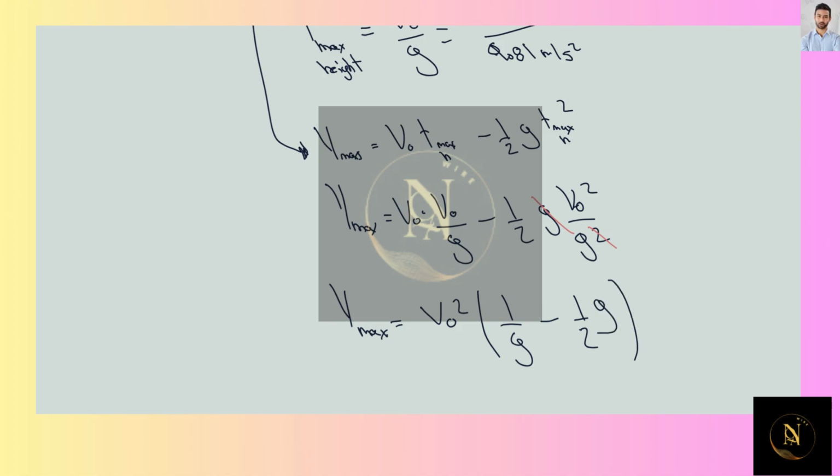Sorry, over here, a little typo, 1 over g minus 1/2 of 1 over g. This would be v0 squared multiplied by 1 over 2g.